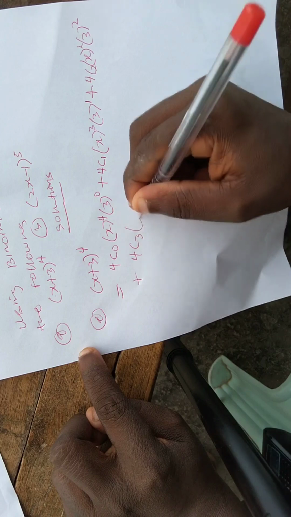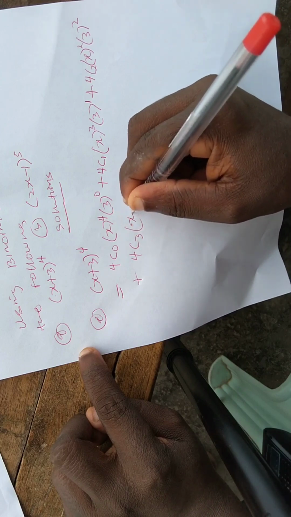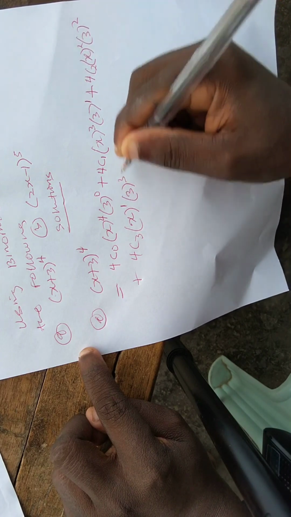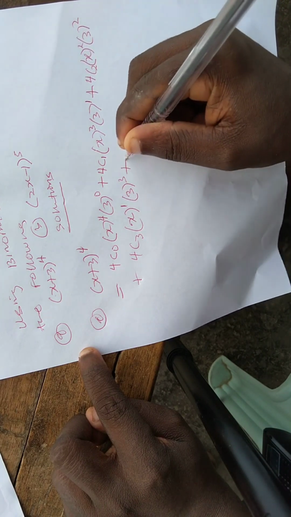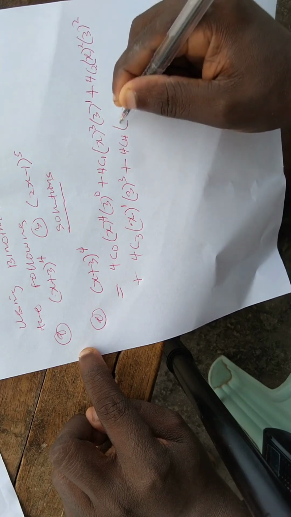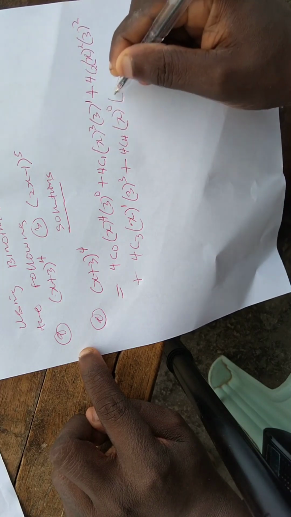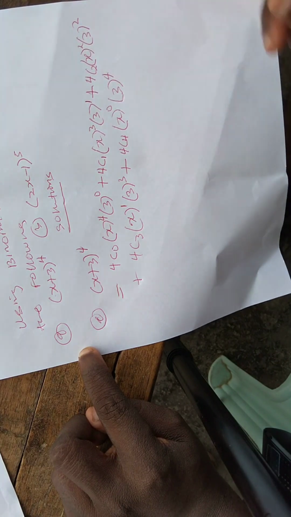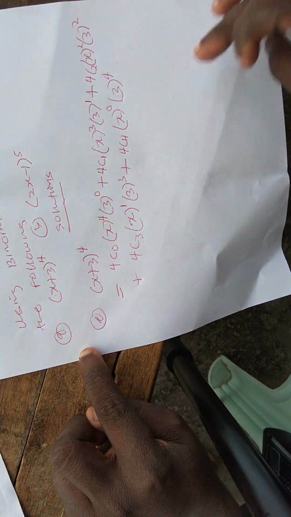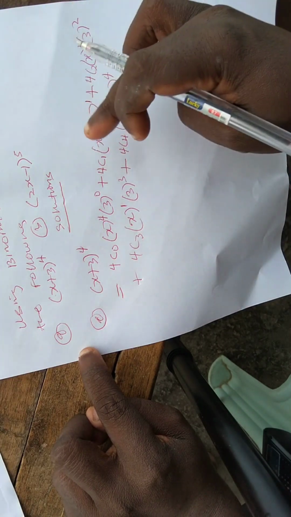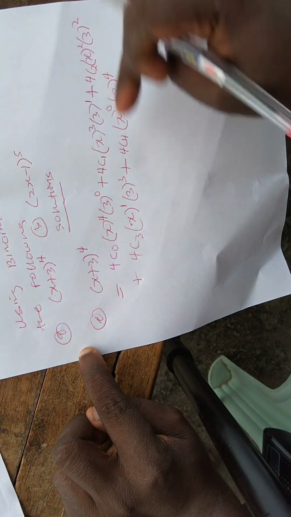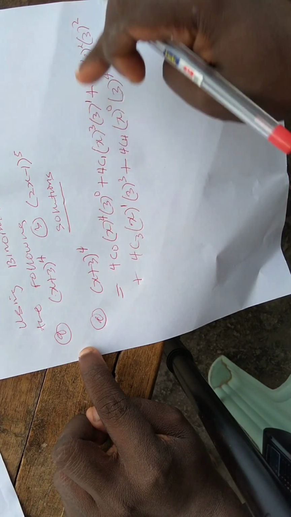4 combination 3, x raised to power 1, 3 raised to power 3, plus 4 combination 4, x raised to power 0, 3 raised to power 4. So the powers remain the same as in the case of the Pascal triangle, where one power will be decreasing by 1, the other power will be increasing by 1.